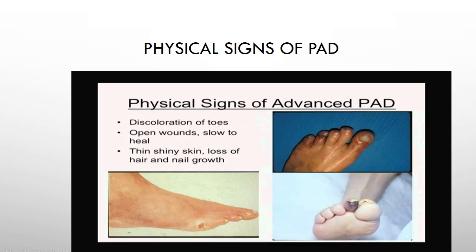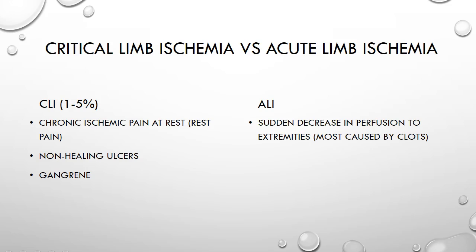Also, the person with peripheral arterial disease will have thin skin and shiny skin because they don't have good circulation.